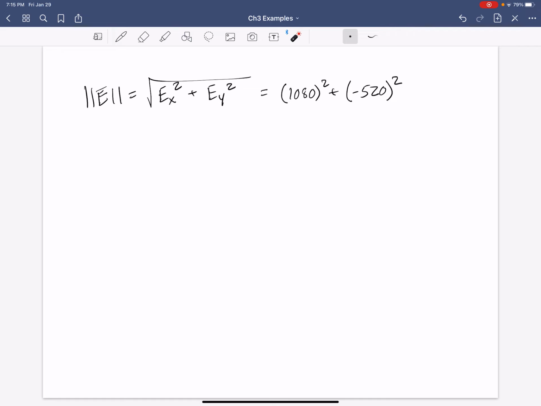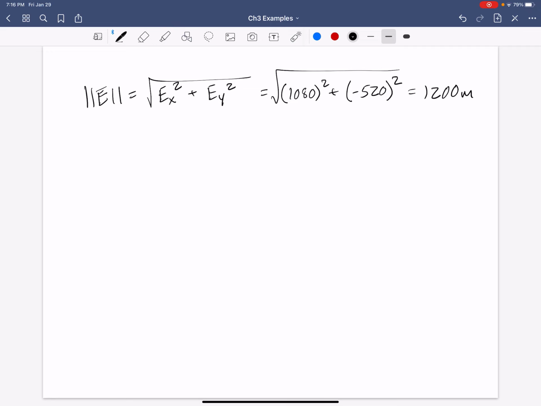That's not what happens. You have to include the negative when you input the magnitude for EY, and then square that. So if you do that, you should get roughly an overall magnitude of 1,200 meters for vector E.